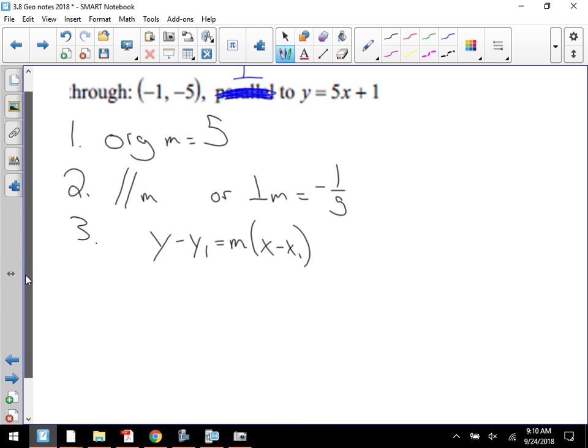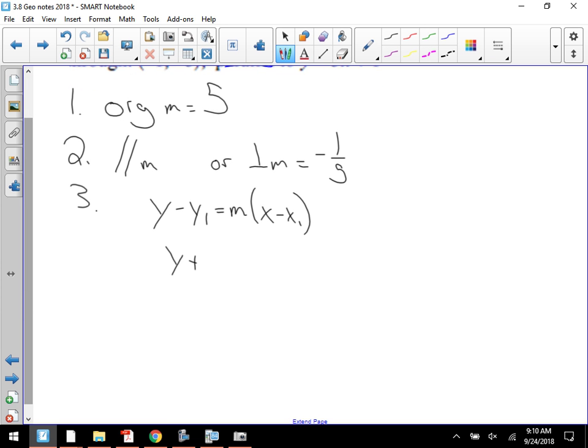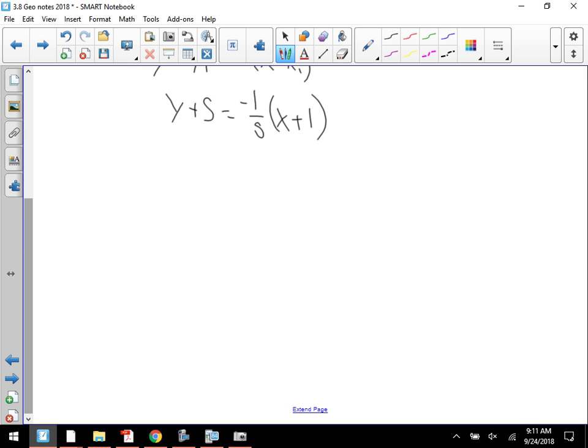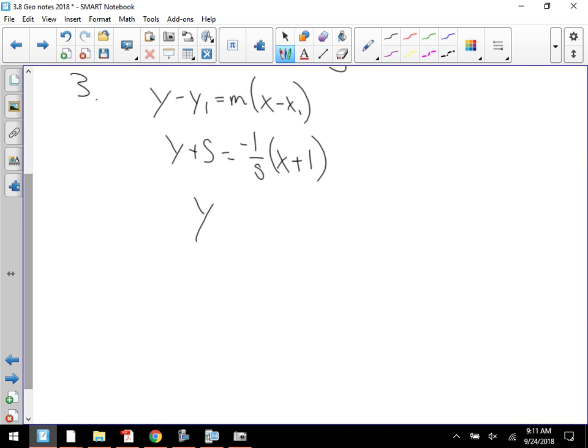Was it y plus 5 equals negative 1/5 x plus 1. And again, the reason why it's plus 5 plus 1 is because instead of writing minus or negative, we just automatically switch it to a plus. Distribute into the parentheses. And then how do you move a 5? I subtract it.